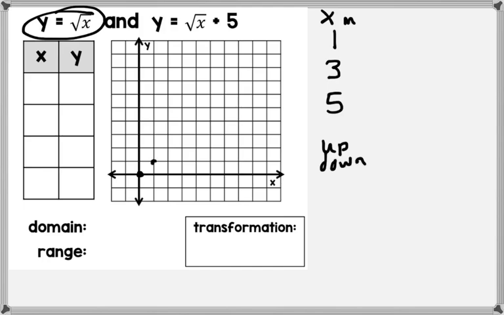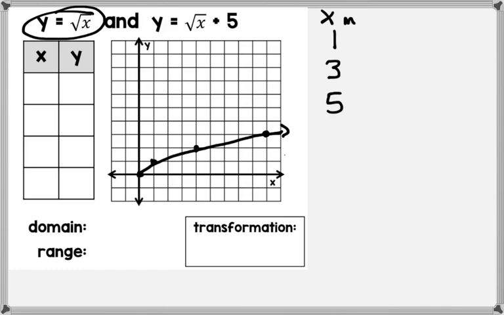So we're going to step up 1, go over 1. Step up 1, go over 3. Step up 1, go over 5. And then you're going to connect it with a smooth curve. The arrow is going to go on the side away from the vertex.